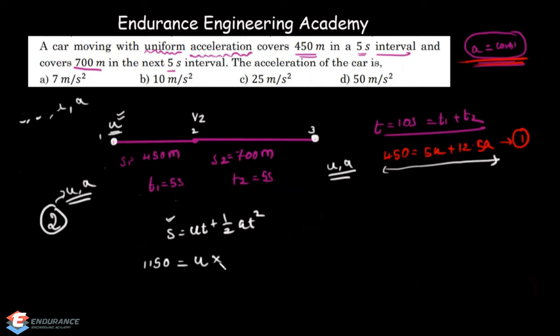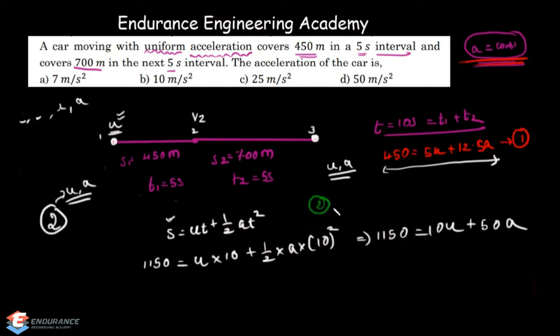Time taken is the total time, which is 10 seconds, plus 1/2 times acceleration times time taken again, 10 seconds, 10 squared. So 1150 equals 10 times u, plus this will become 50 times acceleration. Now how can I solve this? Simply I will multiply equation 1 with 2.